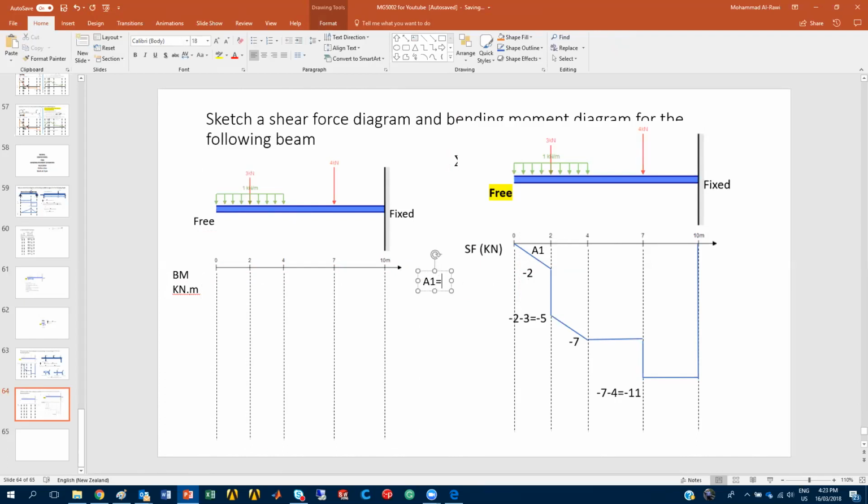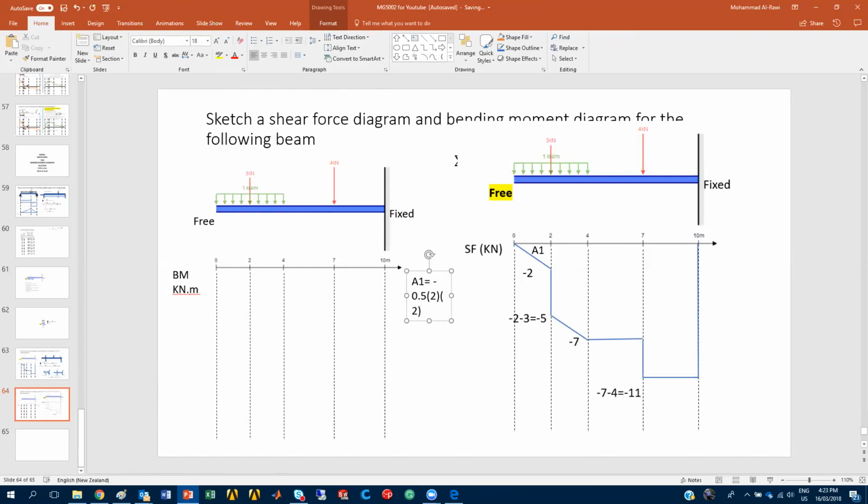Let's try to determine area 1. Half of the base, but the direction is negative, so negative half of the base. What's the base? The distance is 2 meters. So I'll say 0.5, which is the half, times 2. What's the height? It's 2.